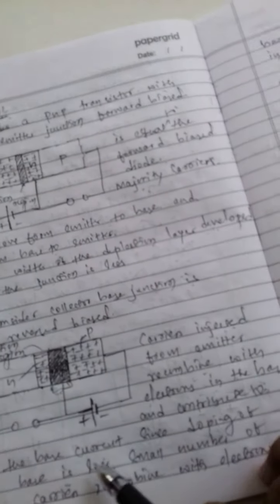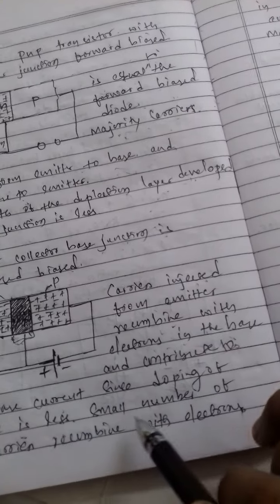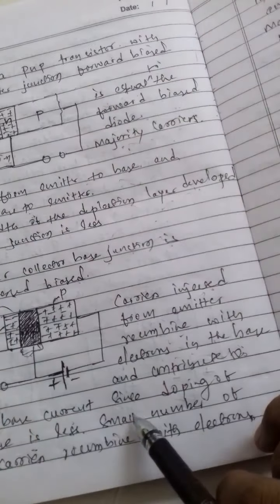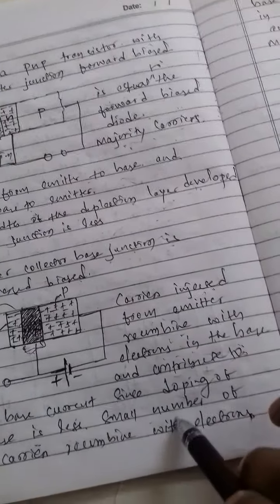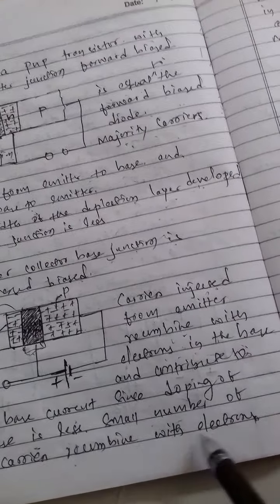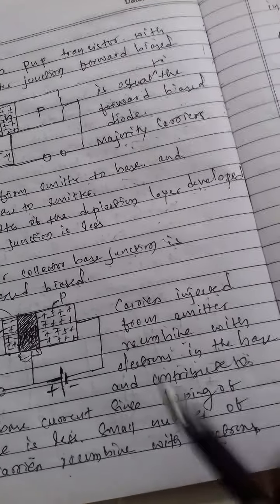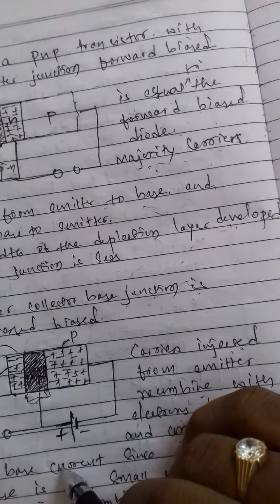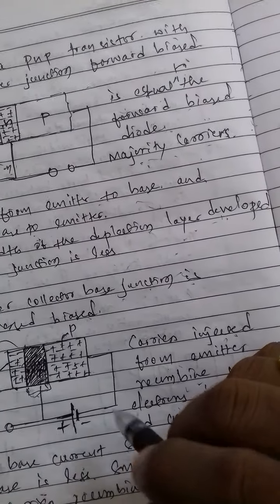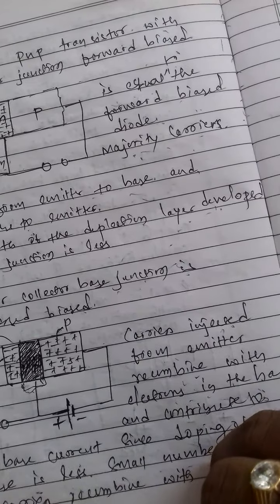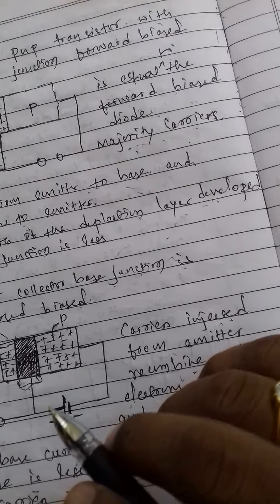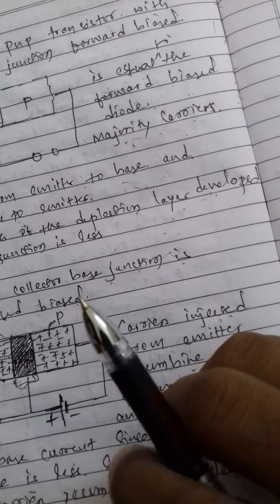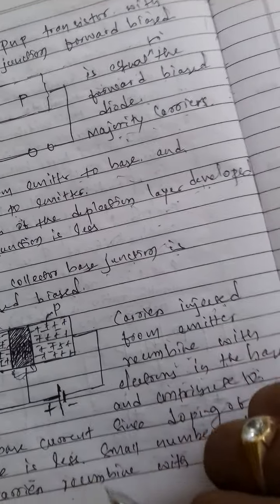Since the doping of the base is less, only a small number of carriers recombine with the electrons. Because the width of the base is less and the doping of the base is also less, the number of carriers present in the base is also less.